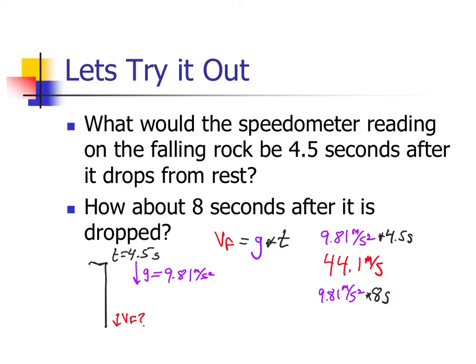We can look at our answers and somebody might look at it and say 78 meters per second, or 78.5 meters per second. Does that even make sense? Yeah, if it's falling for a long enough time.